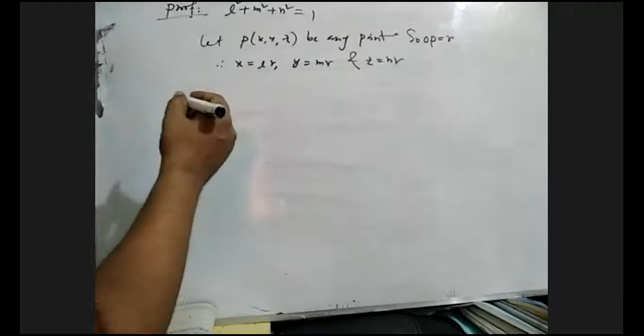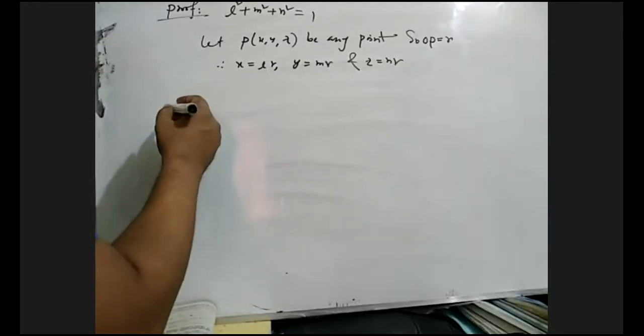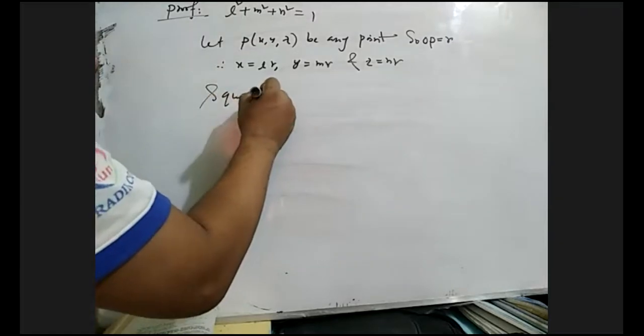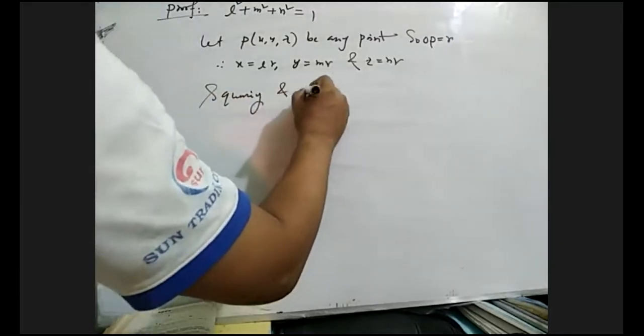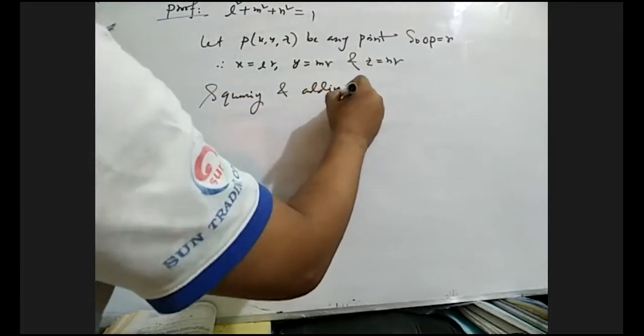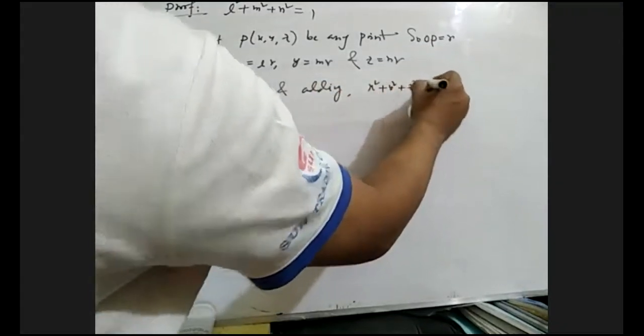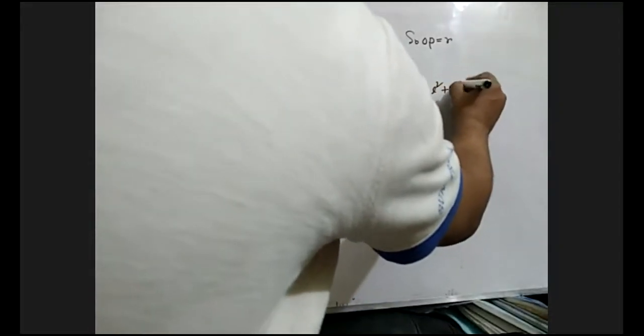Squaring and adding, we get x square plus y square plus z square equals l square plus m square plus n square times r square.